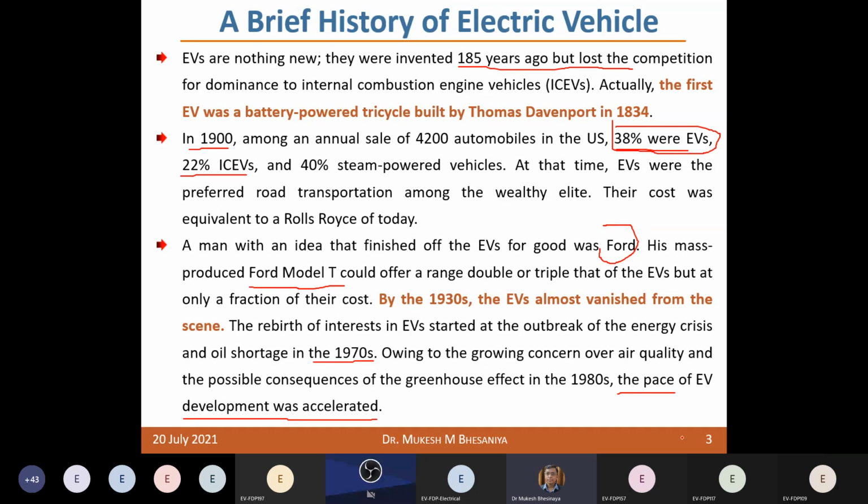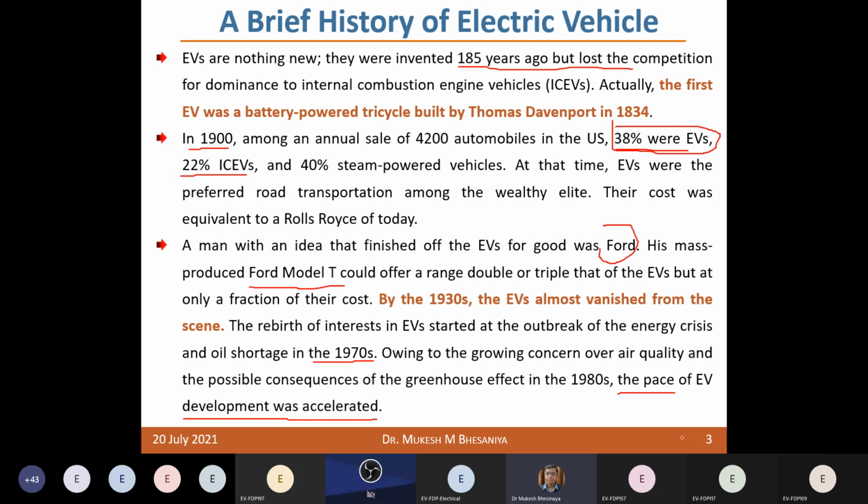No doubt the size may be much larger, and there you just swap your discharged battery with a charged battery. But there are many other aspects related to the business associated with that type of model.